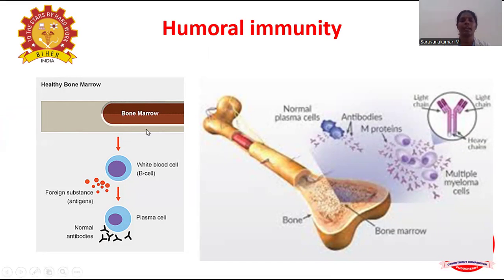As I discussed prior, in the bone marrow, the normal plasma cells, in response to the antigenic stimulus, produce antibodies. The normal plasma cells produce antibodies and a mild amount of M proteins. But neoplastic plasma cells produce many more M proteins compared to normal plasma cells.